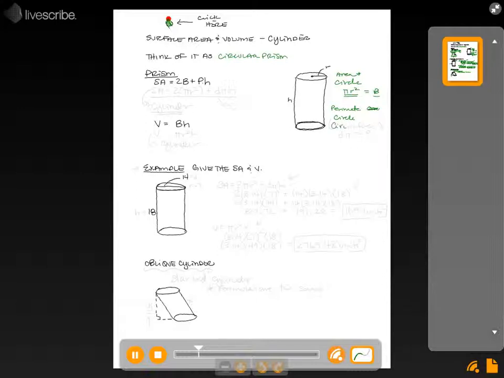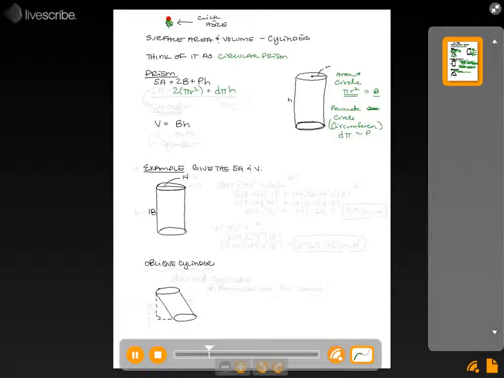I'm going to run out of room. Circumference. Now to find circumference, remember it's diameter times pi. So there's P. Now our formula for a prism is 2B plus PH. We're going to switch out now. So it's 2 times pi r squared plus d pi h. And that helps us a little bit, because now it's more specific for our figure.